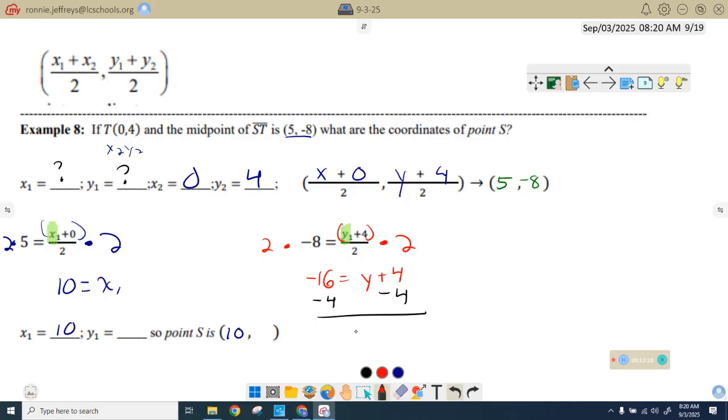And this gives us negative 20 equals y1. Negative 20. Yeah, anytime I can put an equation, like solving equation stuff, in here, I'm going to do it because it's fun. Plus, by the time y'all get to Algebra 1, y'all are going to be just thriving on solving equations.